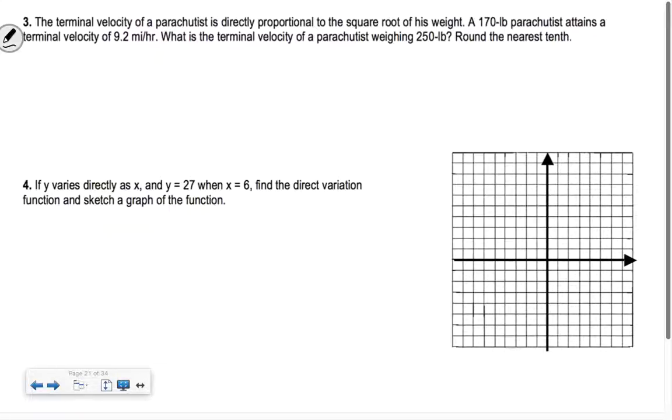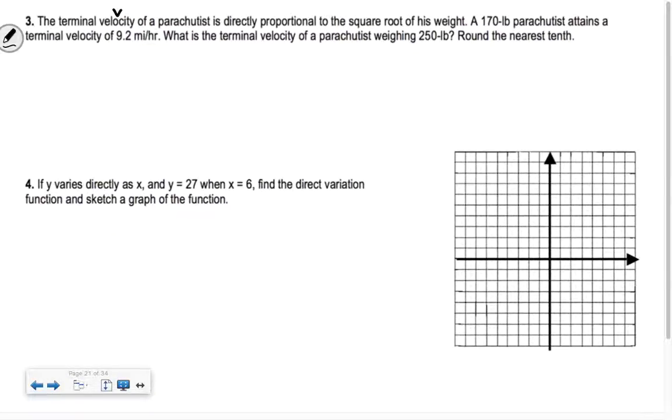All right, so a 170-pound parachutist attains a terminal velocity of 9.2 miles per hour. So let's write the direct variation equation. The terminal velocity, we'll call that v, of a parachutist is directly proportional to the square root of his weight. So we're going to have the square root of w in there. So we have v equals k times the square root of w.